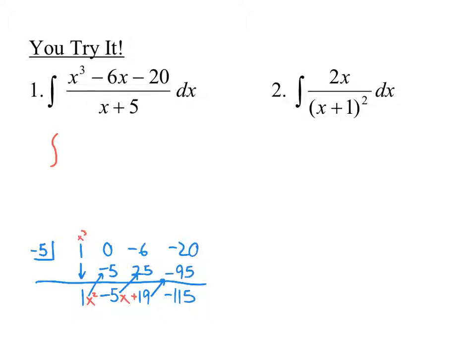So I've got x squared minus 5x plus 19 minus 115 over x plus 5.